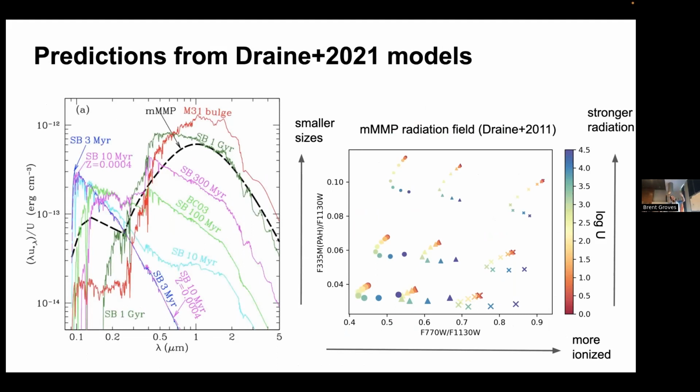On the right, we're using one specific radiation field to do synthetic photometry on these predicted spectra, and you can see the different band ratios, specifically the 3.3 over 11.3 and 7.7 over 11.3 filter ratios, can predict the different distribution of grain size and ionization states for a given intensity.